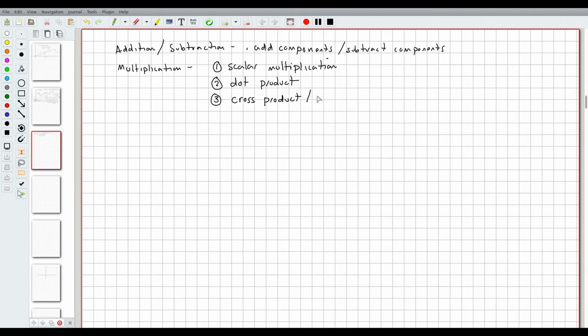It's also sometimes called the vector product.